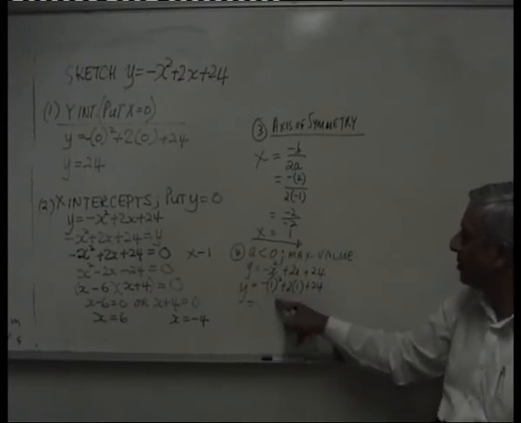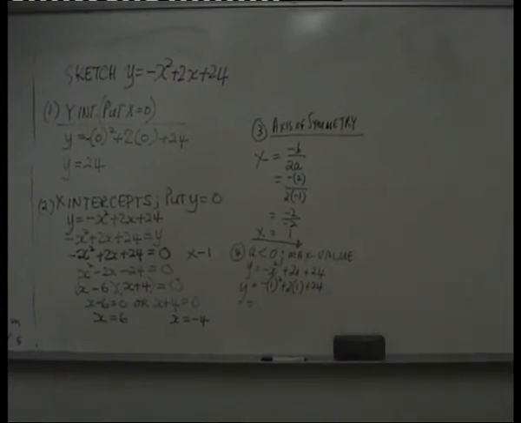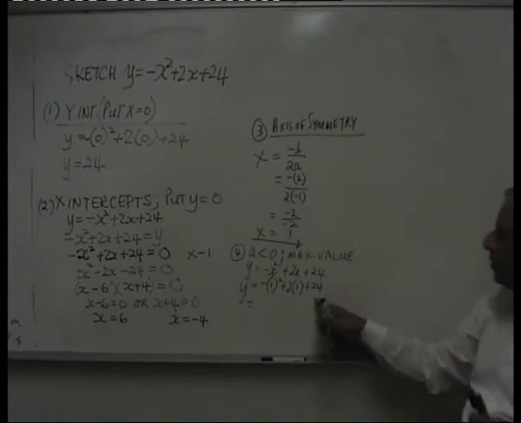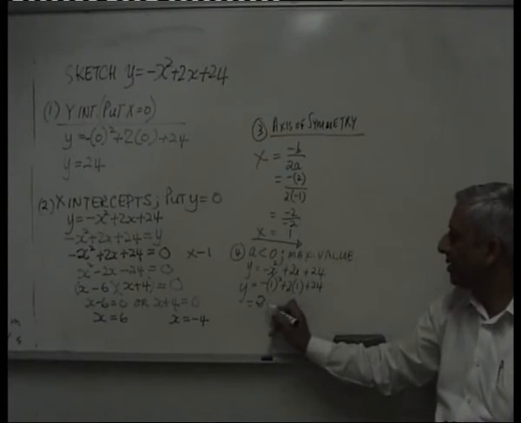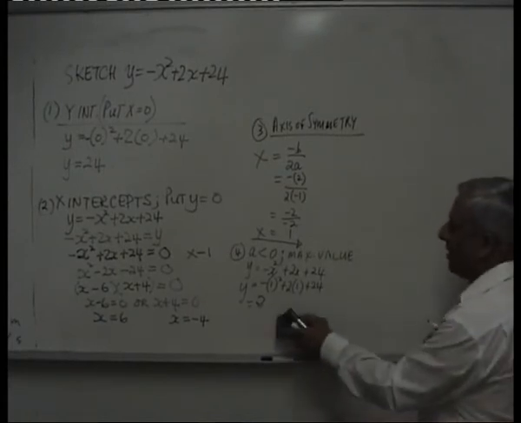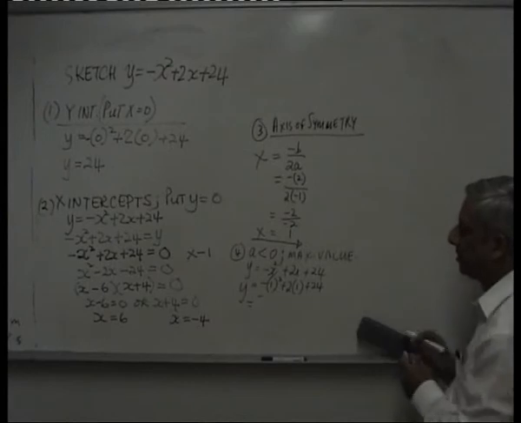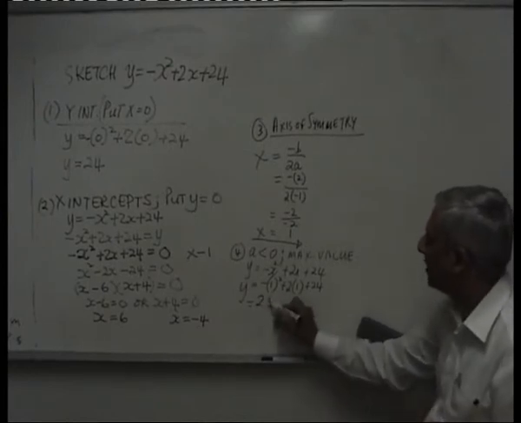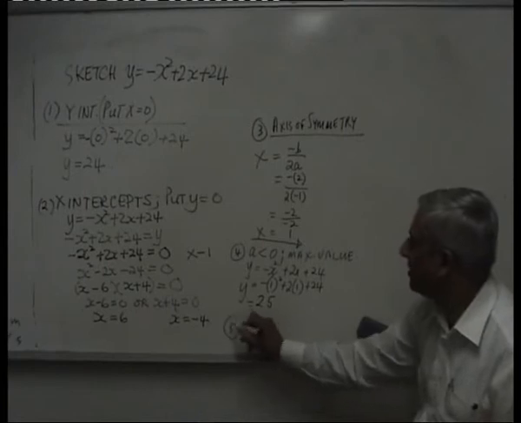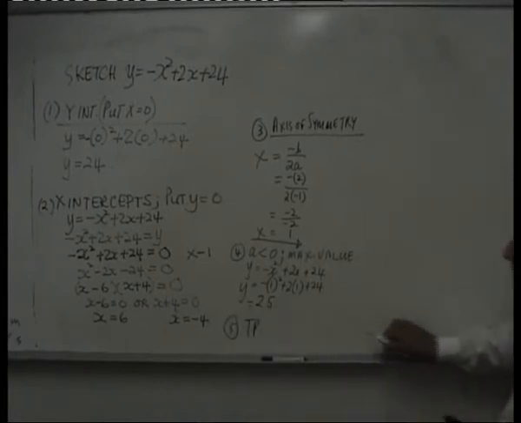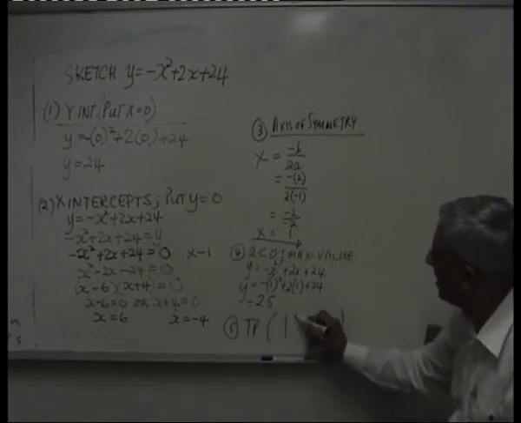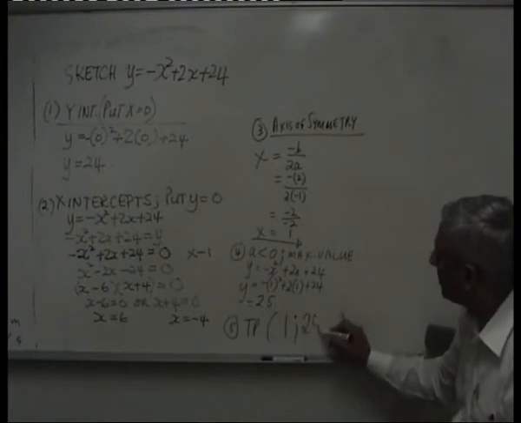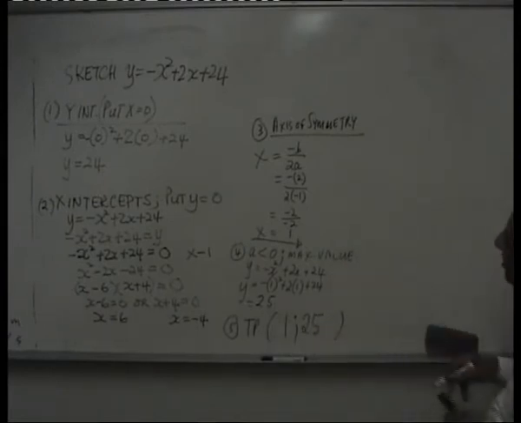And then you put that into your calculator, and you should get 25. 24, 25, 26, minus 1, 25. Right. So you get the answer 25. So your turning point finally is your axis of symmetry, which happens to be 1, and your maximum value 25. So this is the maximum value graph.